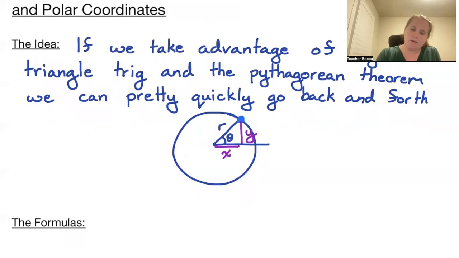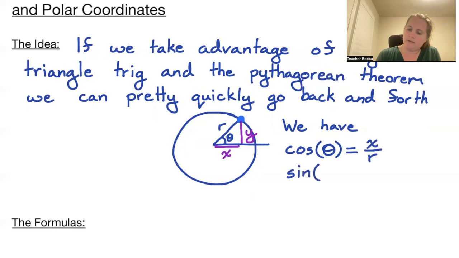So we have that cosine of theta would be x over r. We have sine of theta should be y over r.